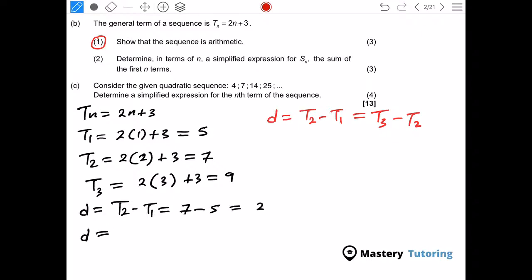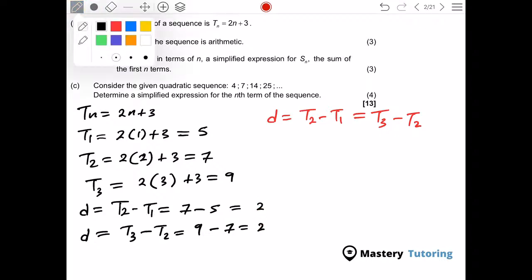Let us calculate it again, this time using T3 minus T2, which is 9 minus 7, which is 2. The fact that these two are equal simply means that this is an arithmetic sequence. So we can make this conclusion now.